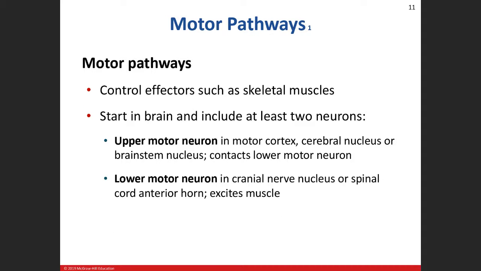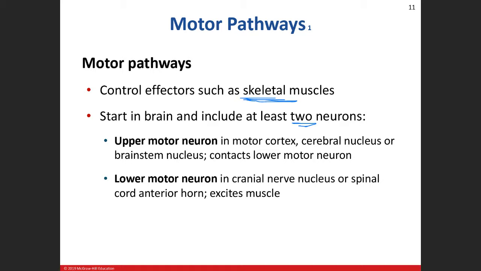So the nice thing about this is we're going to be discussing how it affects the effectors of skeletal muscles. We're going to deal with those two neurons that I was just talking to you about, upper motor neuron and a lower motor neuron. These upper motor neurons, there's a couple areas that they can originate from.